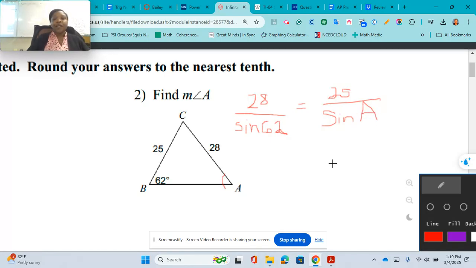All right. We would have to cross multiply. You can only cross multiply the numbers that are opposite from each other that do not have a variable. So you can only cross multiply 25 times the sine of 62.